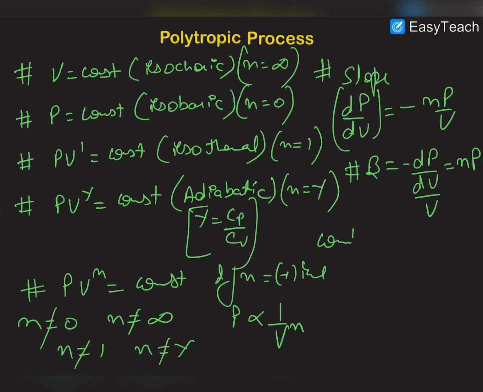Compressibility will be 1 upon bulk modulus, and hence it would be 1 upon nP. This is the compressibility.